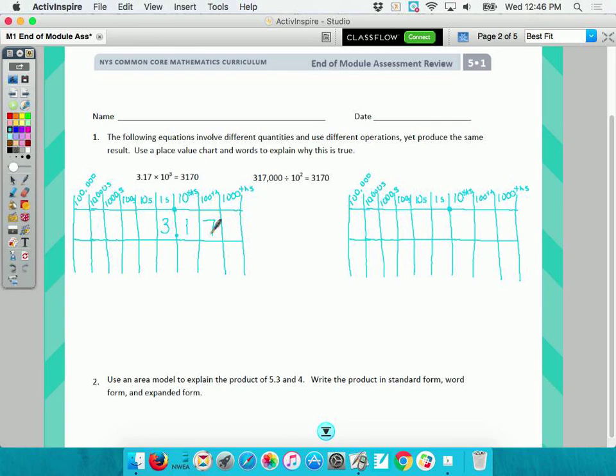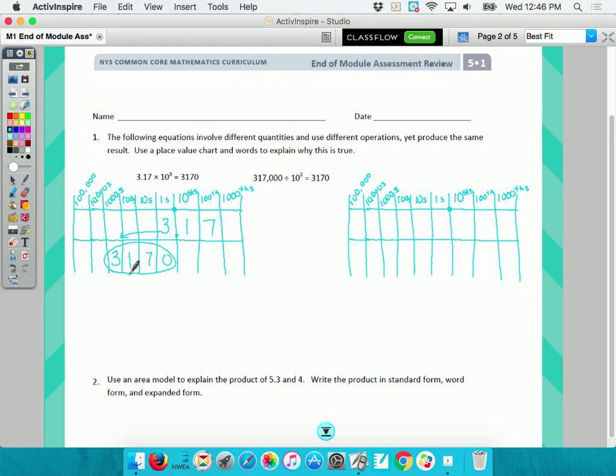So if I multiply times 10 to the third, how many place values do my digits move? 3. And when I multiply, the number increases, so my digits will move to the left. And my answer looks to me like it's 3,170.